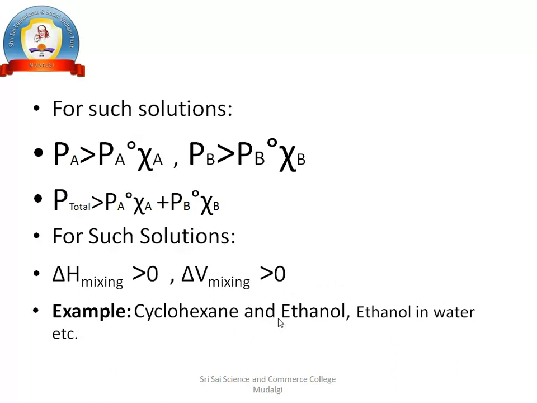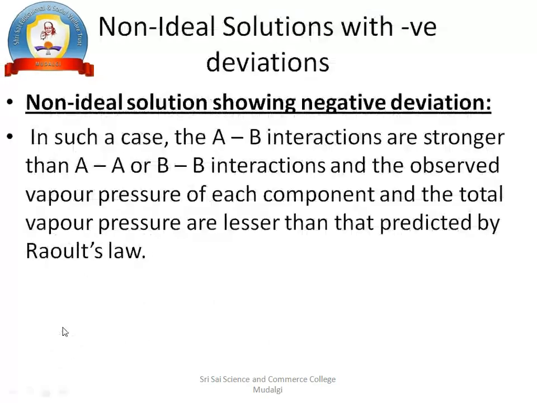Here, 10 plus 10 we should get 20, but the observed total volume is 20.1. So there is an increase in volume, hence it is positive deviation. Examples of a non-ideal solution with positive deviation are cyclohexane with ethanol, and ethanol in water. So these are two examples of positive deviation.